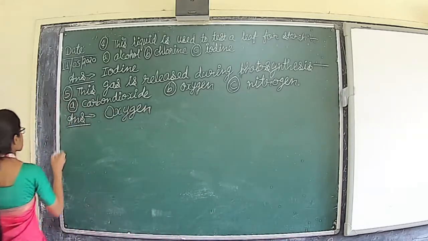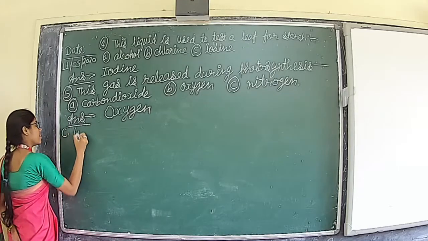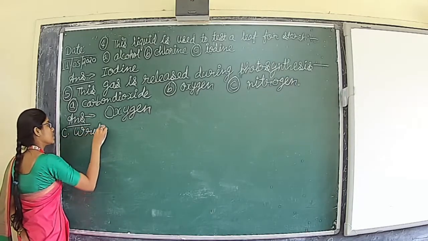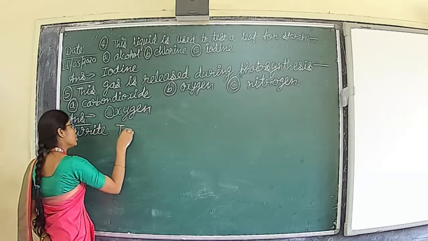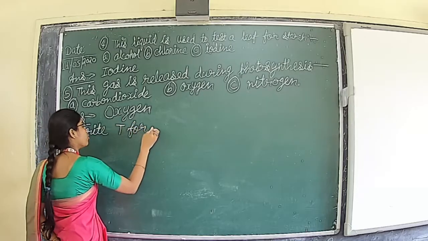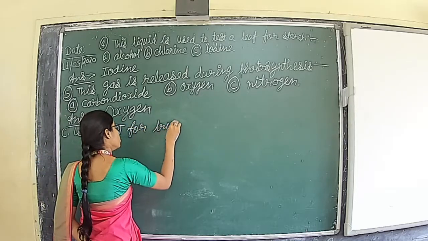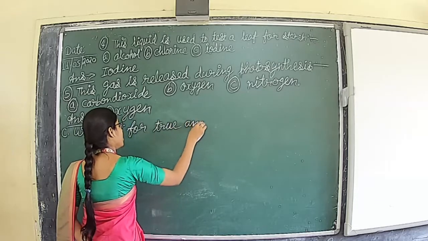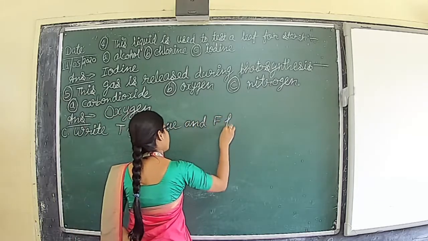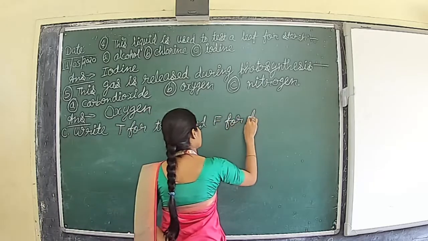Exercise 3. Write T for true and F for false.